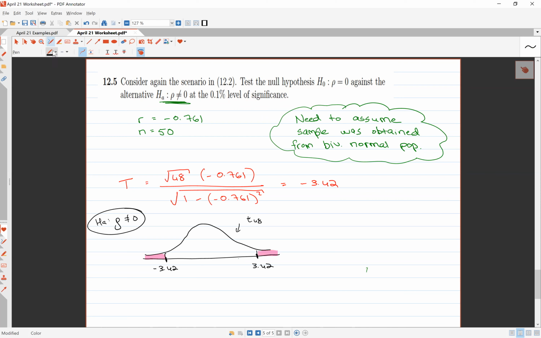So we're essentially calculating what would the probability be of having a correlation this extreme or more extreme if the truth were zero.